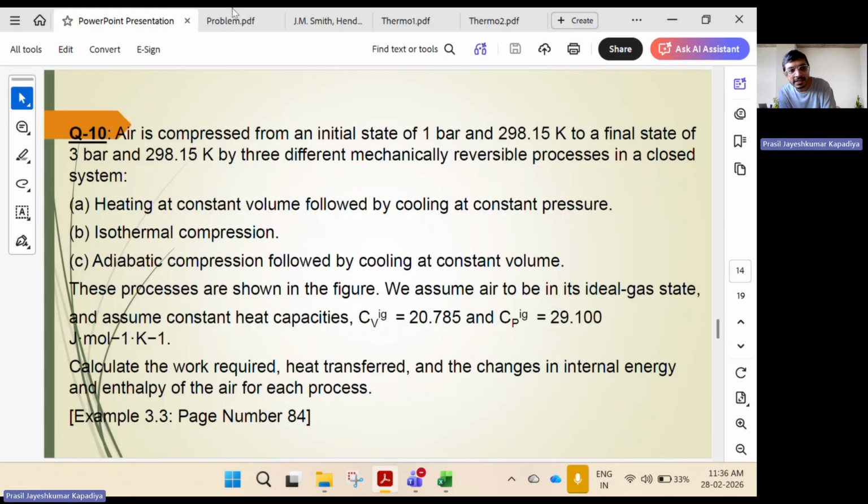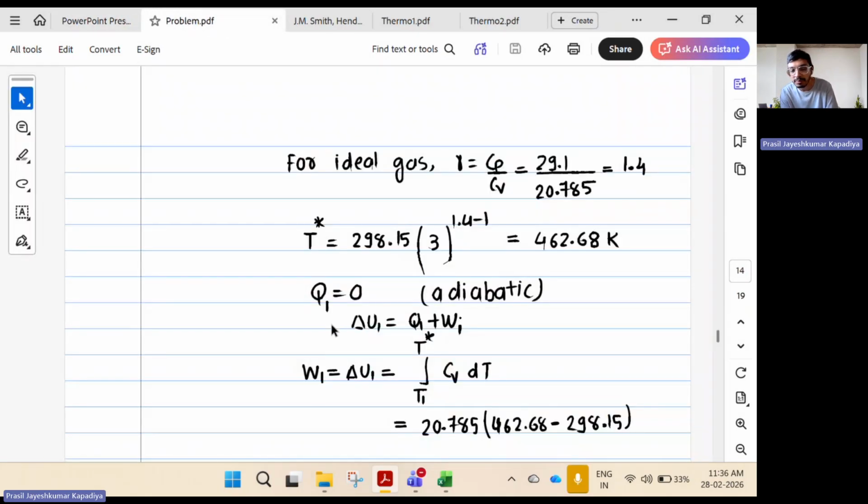Now, as it is adiabatic compression, my Q1 will be equal to 0, and I need to find the value of W1. So from the first law of thermodynamics, delta U1 will be Q1 plus W1. Now Q is equal to 0. So W1 will be equal to delta U, that will be Cv dT.